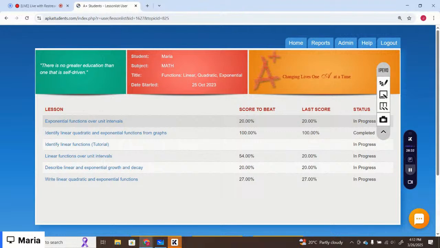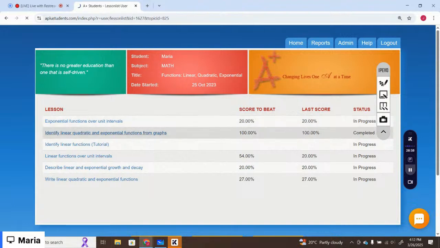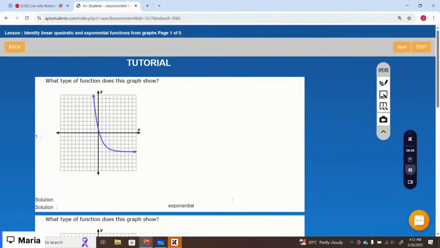The next lesson is identify linear, quadratic, and exponential functions from graphs. Let's just start with the lesson. What type of function does the graph show?